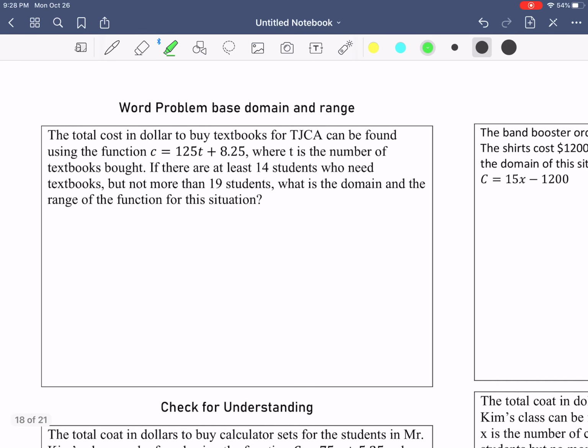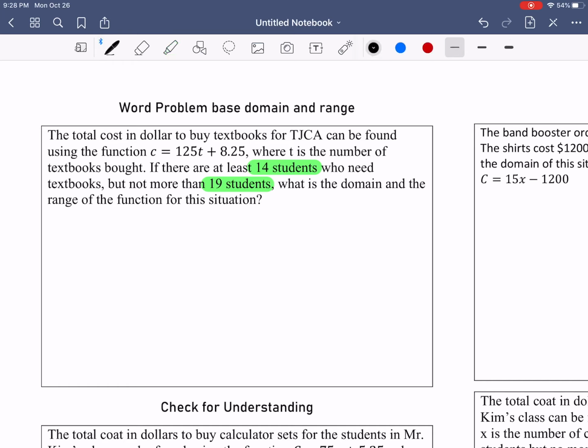The total cost in dollars to buy textbooks for TJCA can be found using the function c equals 125t plus 8.25, where t is the number of textbooks bought. If there are at least 14 students who need textbooks, but no more than 19 students, what is the domain and range of the function for this situation?